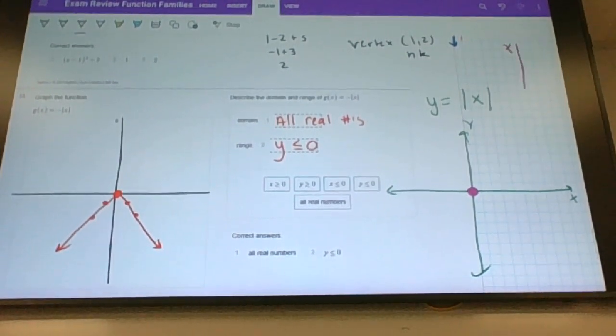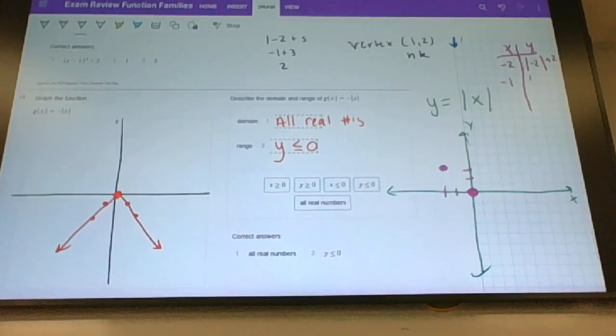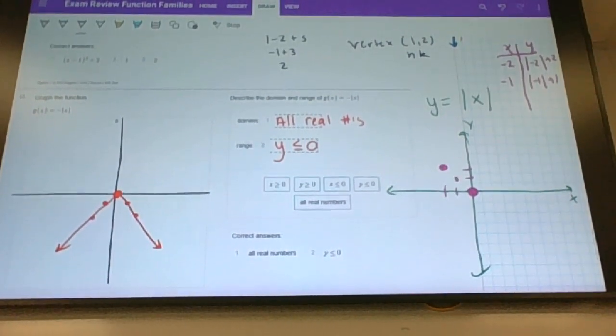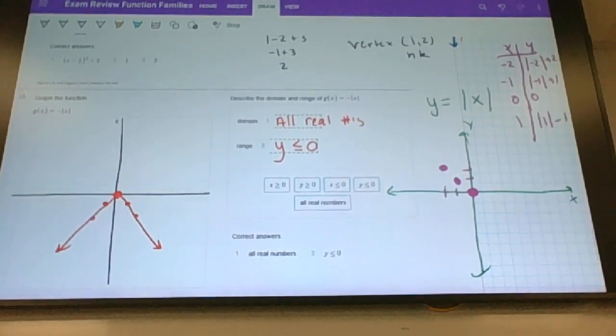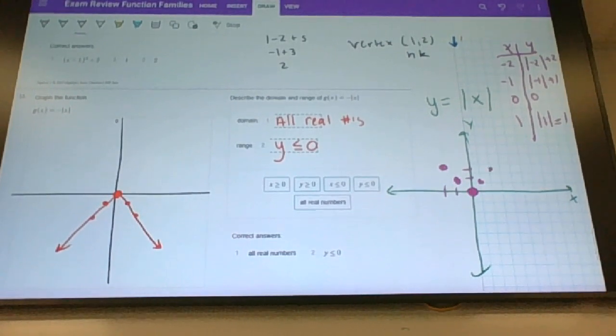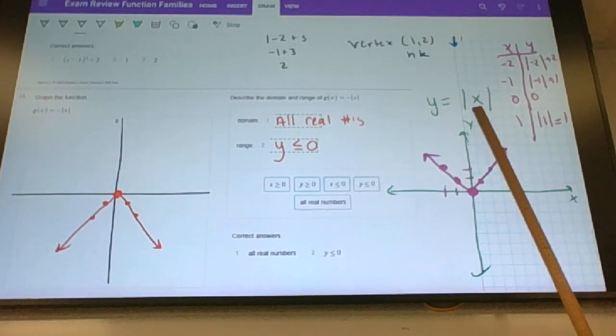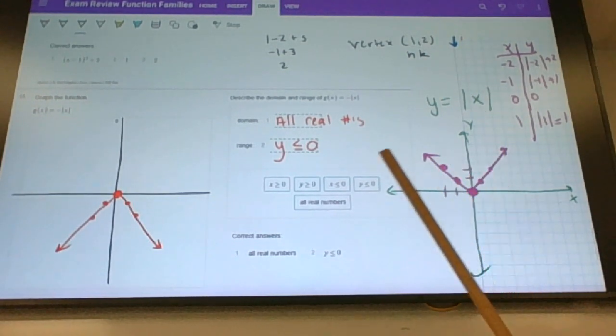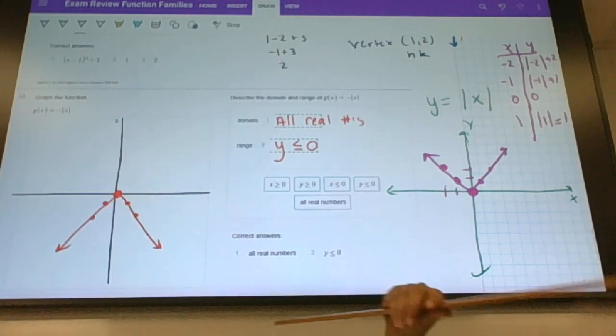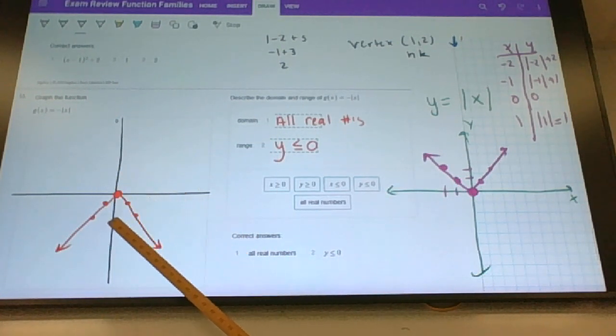And then maybe I want to make a little table here. What's the absolute value of negative 2? 2. So maybe I have a point at negative 2, and then if I put a negative 1 in absolute value bars, it goes positive 0, 0. If I put a 1, the absolute value of 1 is 1. 2, 2. It's a V shape. This is the parent function of the absolute value of x. It is a V shape. So you put a negative in front and it just reflects it over. So it's a perfect 1 over 1 slope.